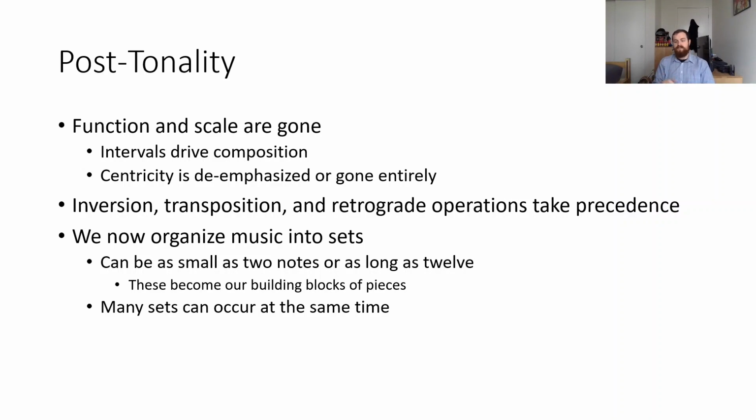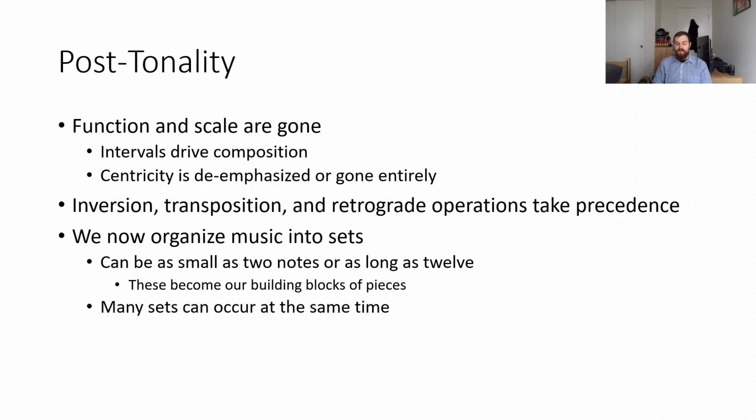Intervals now drive composition, and pitch is not as important, and scale is not as important as interval. So centricity, the idea of a pitch being an anchor, like a tonic, is de-emphasized or gone entirely. And instead, what we call operations, inversion, transposition, retrograde operations, these are what take precedence, okay?